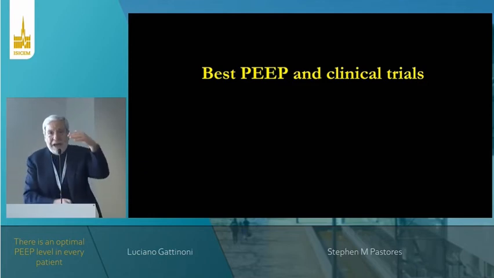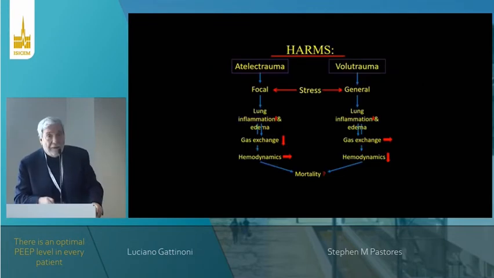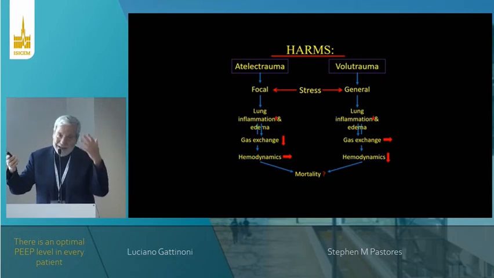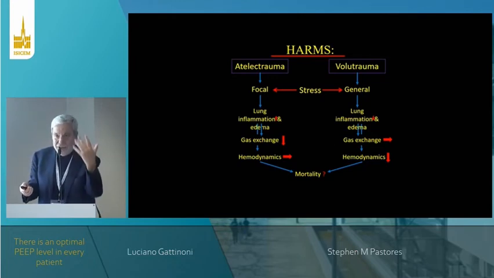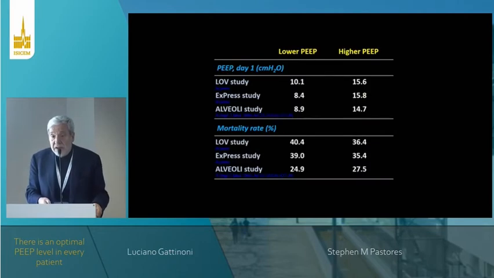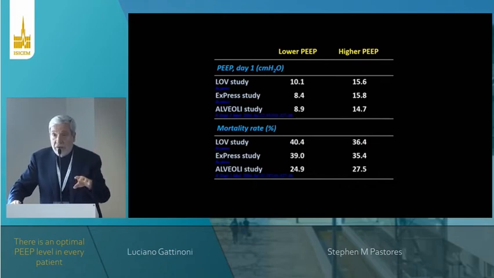They can use 3 pages of statistical approaches just to show that when you compare the benefit and risk of volutrauma with lower PEEP, and the benefit and risk of atelectrauma with higher PEEP, it very clearly shows that in the general population, if you play the game between 7-8 of PEEP and 15-16 of PEEP, these two approaches are equivalent. Risk and benefit of volutrauma and atelectrauma are the same.